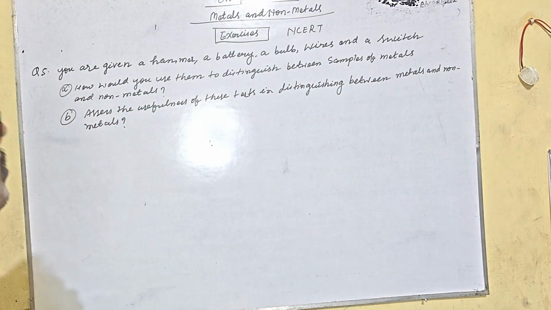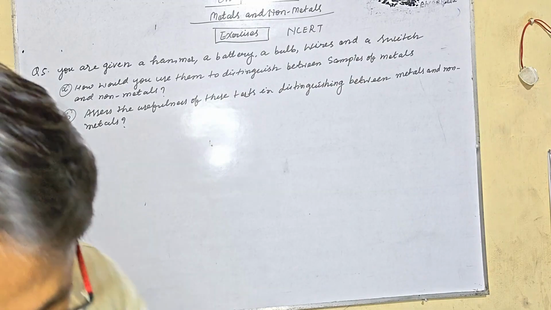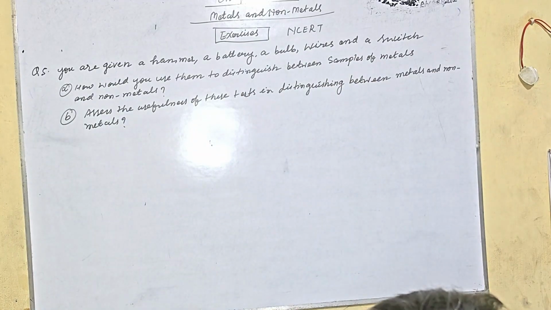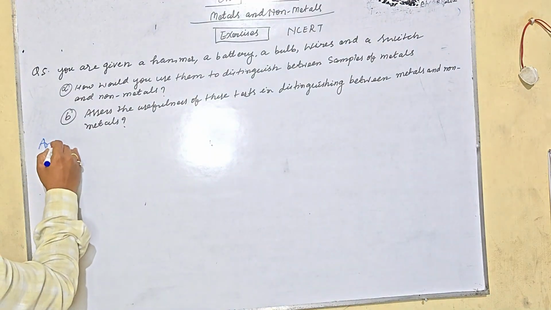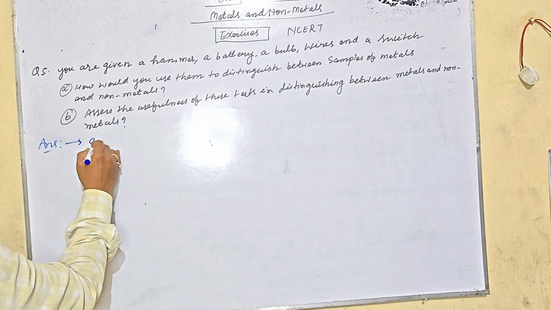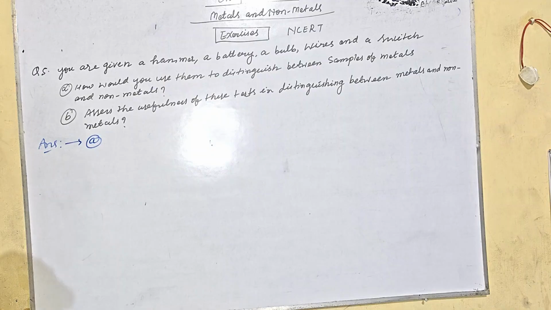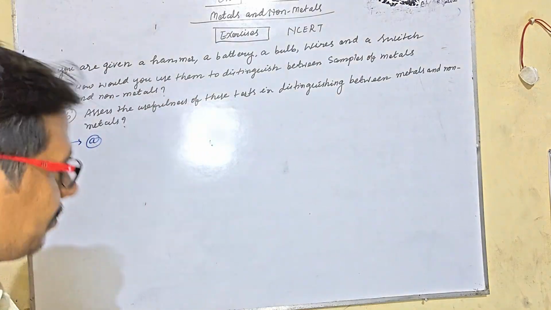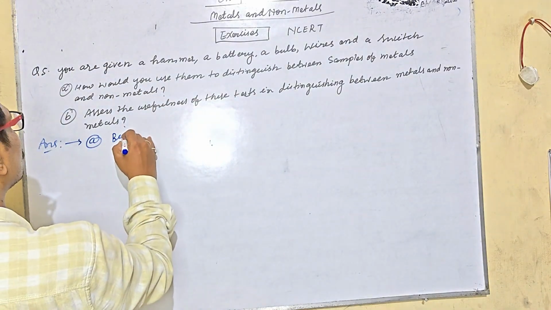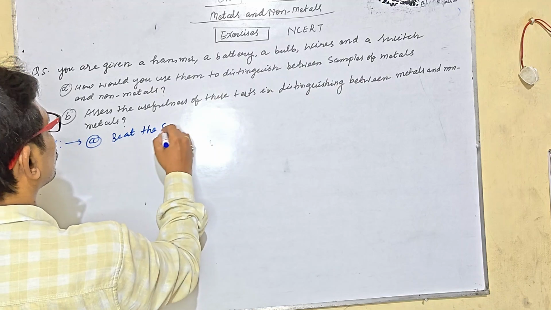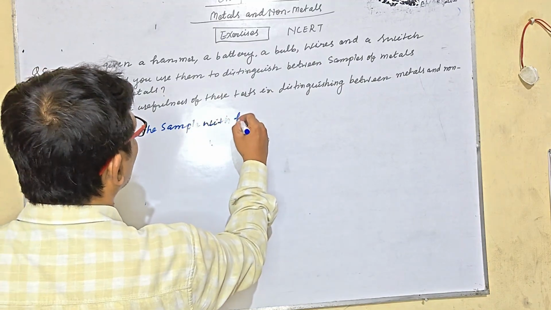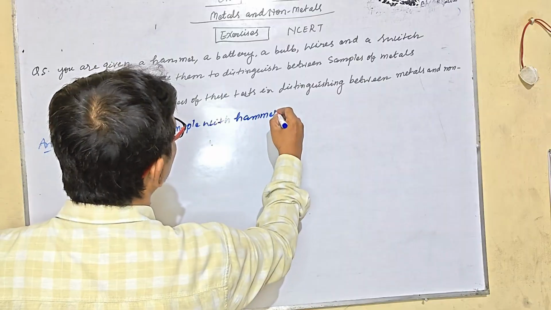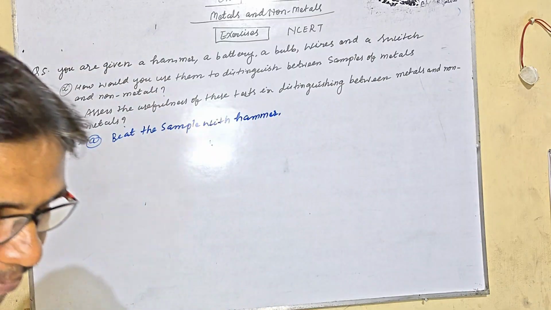You are given a hammer, a battery, a bulb, wires and a switch. How can you use them to distinguish? Answer 5A. My dear students, beat the sample with a hammer.